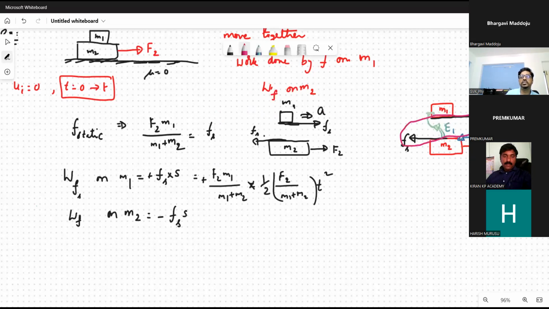Internal forces, whenever they perform work, cause exchange of energy between the bodies. Energy is flowing from M2 to M1. All right. So internal forces cause exchange of mechanical energy, whenever they perform work.